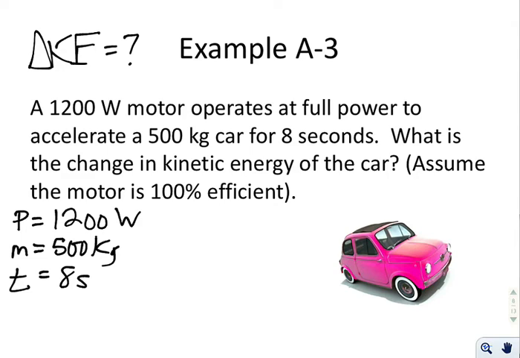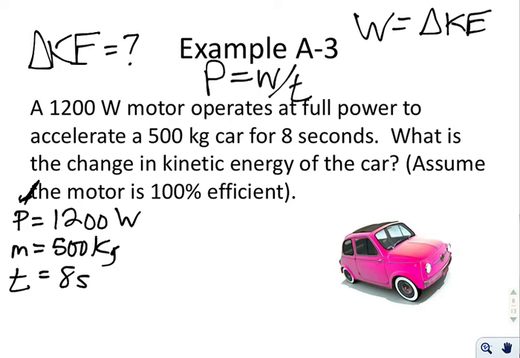If we look at our equation, the relationship between work and change in kinetic energy is W equals delta KE. Now, I don't exactly have the power, so I need to look at another equation. Power is a key here. I'm going to somehow have to put power equals work over time into this equation.